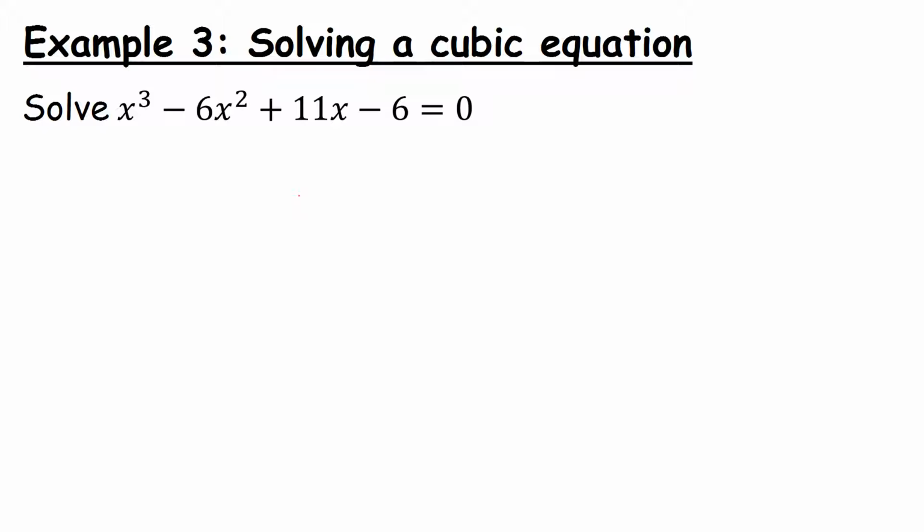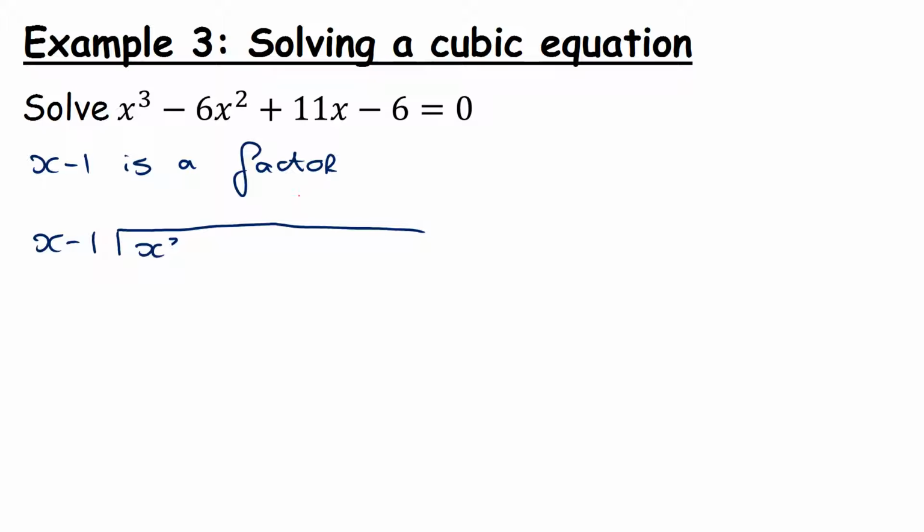So what we have is x minus 1 is a factor. So now that I know one of the factors, I'm going to use my long division, divide this into what I was given, so the cubic that I have here, and I should be able to get a quadratic, and then from that quadratic I should be able to factorize and solve, which will allow me to get all 3 roots of the equation.